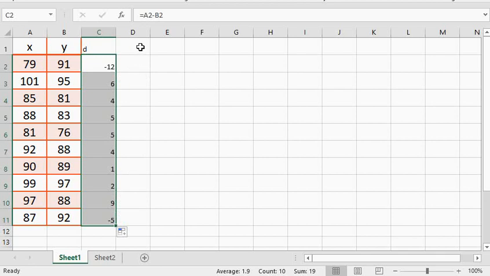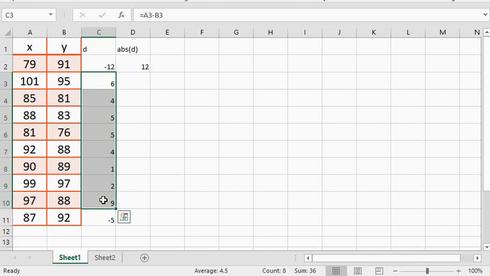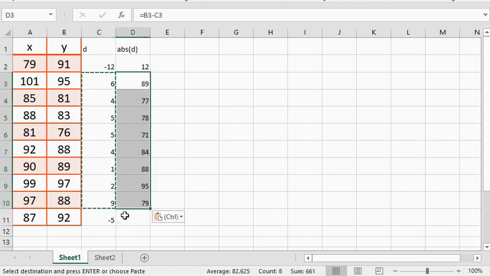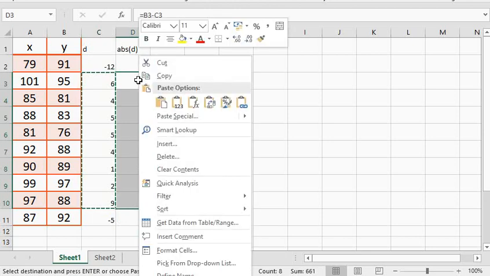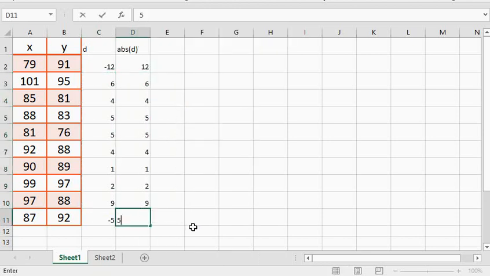I take the absolute value of D before ranking, and the rest are taken as such.